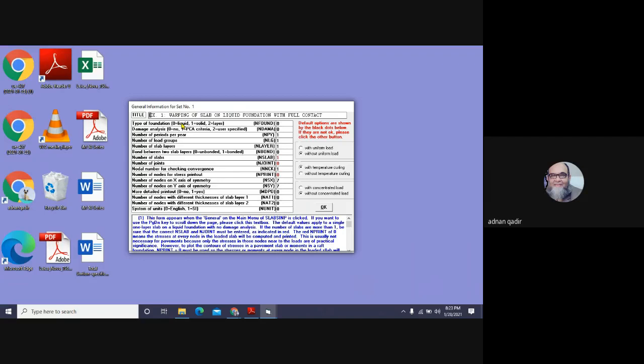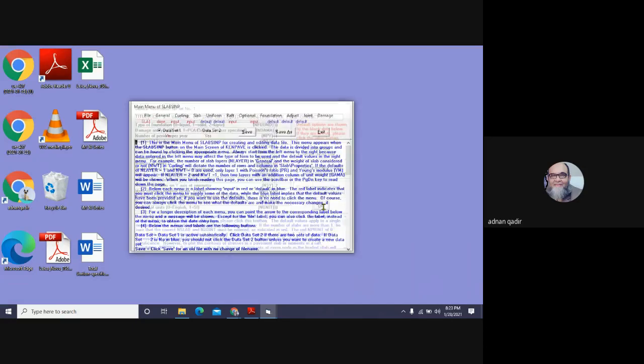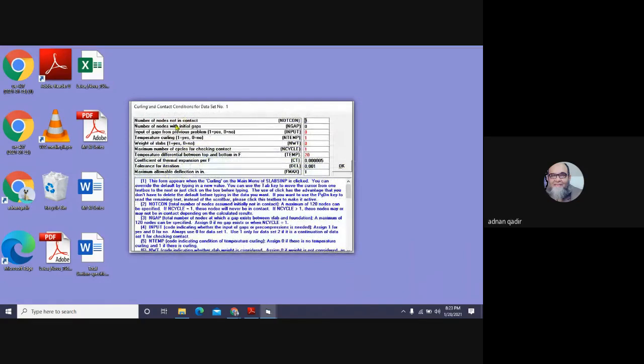Let's leave the rest, and again we say we don't have any uniform load, so we say without uniform load. The only load is the temperature, so we say with temperature, and without constraint. So we say okay. Now for the curling, obviously we are interested in the temperature curling, we say 1, number of cycles 1, and the difference of temperature 20.